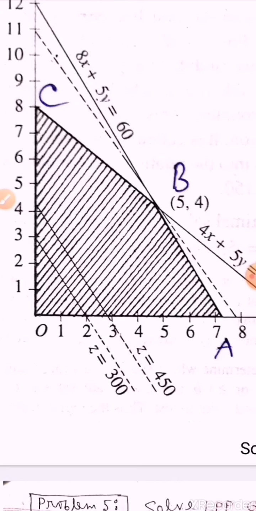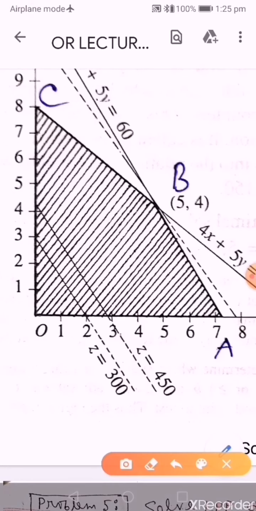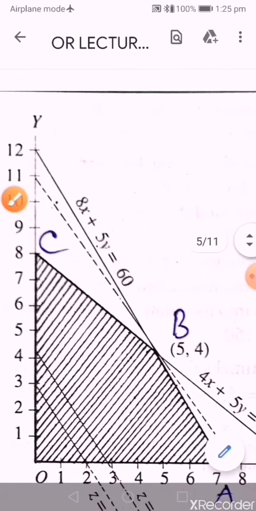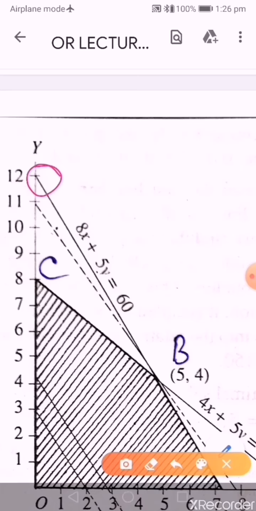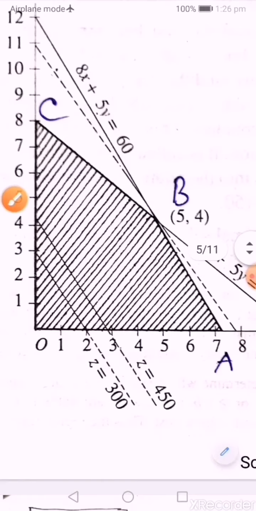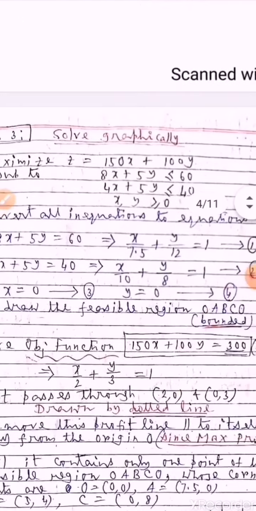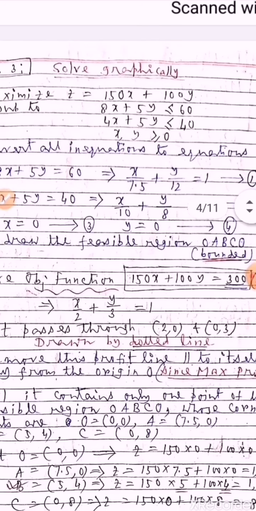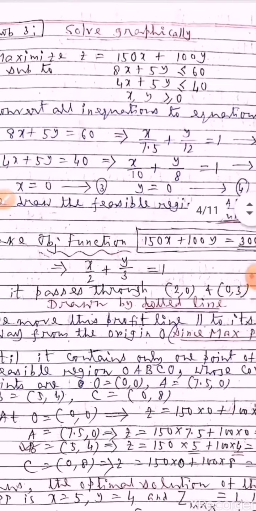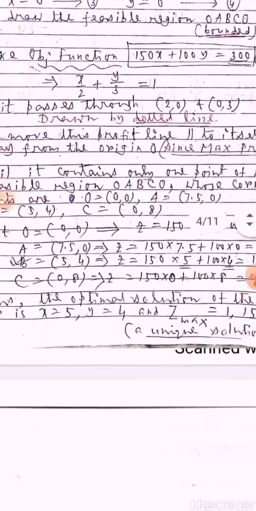You see 8x plus 5y is equal to 60. This line passes through the point 7.5, 0 here and 0, 12 here. The next equation was 4x plus 5y equal to 40, actually less than equal to 40, which was reduced to x by 10 plus y by 8 is equal to 1.